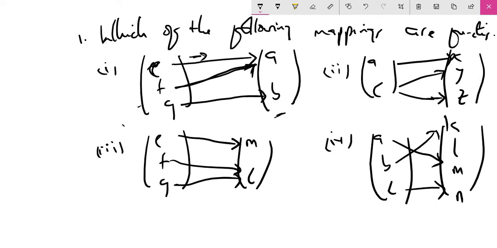So the question was, which of the following mappings are functions? There is a particular characteristic that a mapping must not have in order for it to be a function. Okay, so first of all, some terminologies.